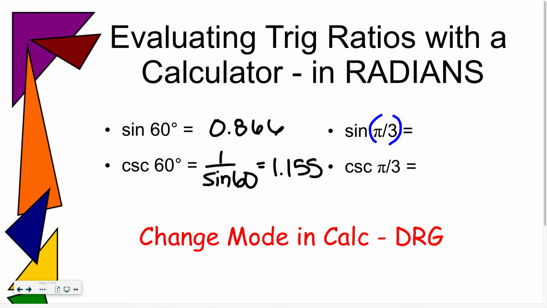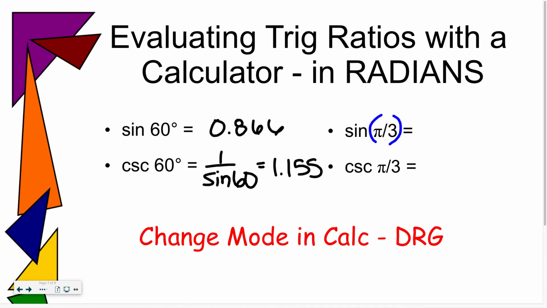Anybody else having troubles? I mean, did you find it on yours? No, you might have to go to mode right there. Do shift mode setup. So you can choose radians right there. Did you find yours, Stefan? Shift mode. Okay. Anybody else?